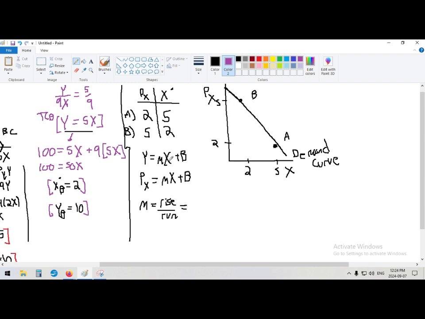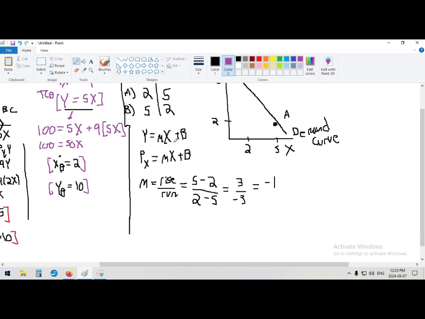So y2 minus y1. So here we're going to have px2, which is 5, minus px1, which is 2, over x2, which is the second one here. So it'll be 2 minus 5 for x1. So what do we get here? We get 3 over negative 3. So it's going to be negative 1.